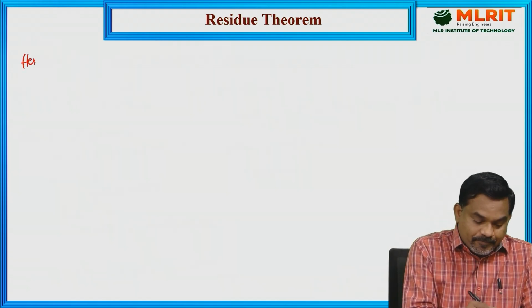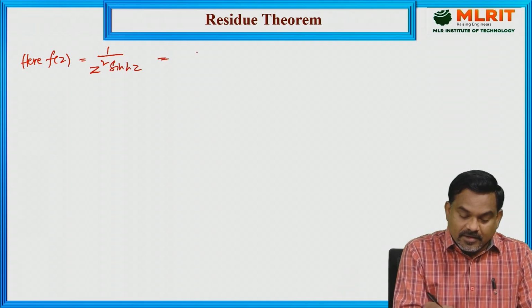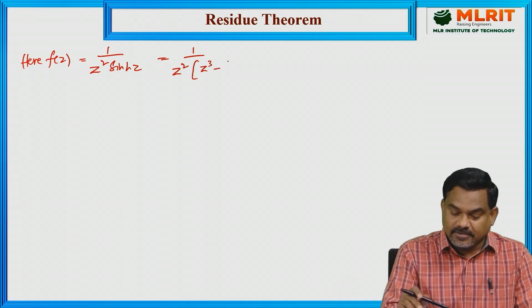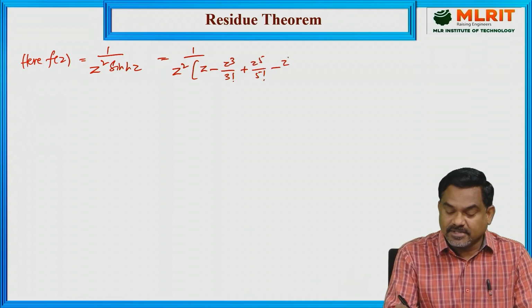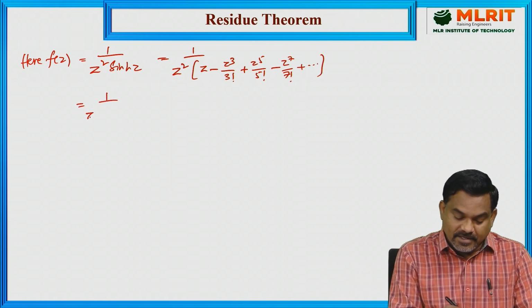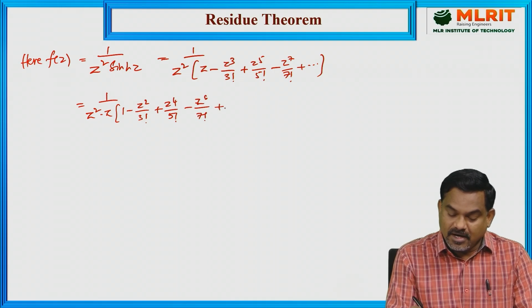Here f of z is 1 by z square into sinh z. What is the expansion of sinh z? It starts with z plus z cube by 3 factorial plus z power 5 by 5 factorial plus z power 7 by 7 factorial and so on. So this is equal to 1 by z square into, taking z common here, 1 plus z square by 3 factorial plus z power 4 by 5 factorial plus z power 6 by 7 factorial and so on.